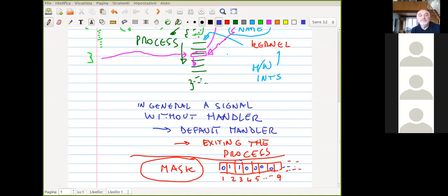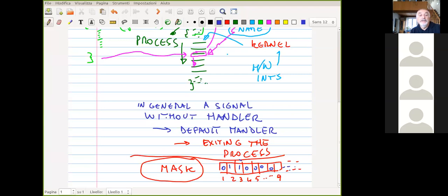You have the possibility of specifying in your process which is the mask. Mask means that the 0 value in the position of that signal masks the signal so that you will not receive that signal in any case. So you don't need to specify a handler. If you put 1, you listen to the signal.